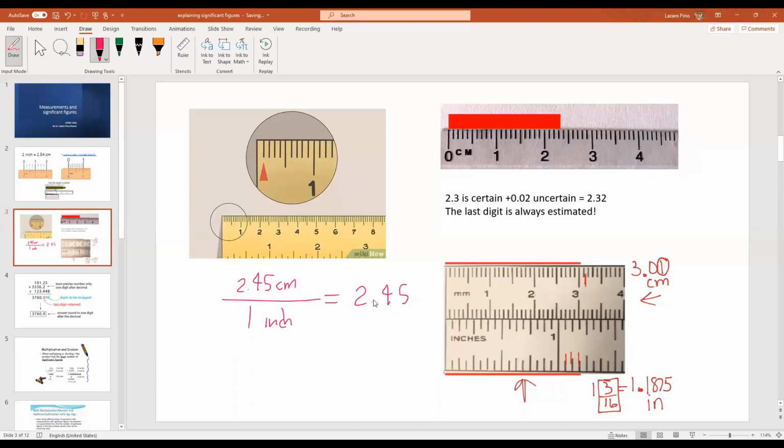That's the ratio. When you divide the numbers, then the ratio is unitless.